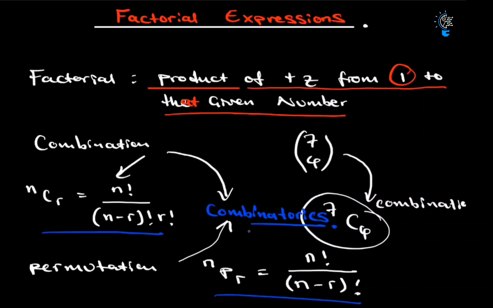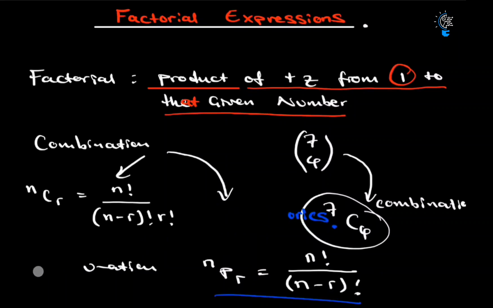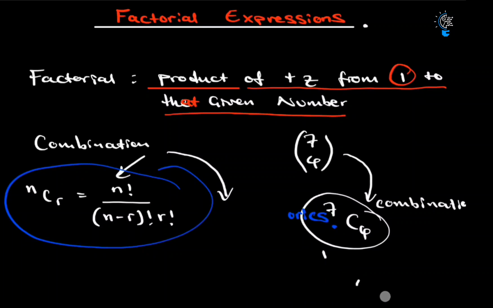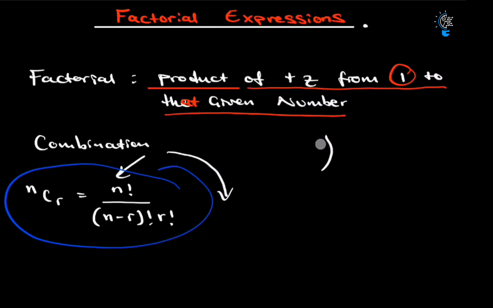So now to evaluate this one, let's clear everything and we are going to use this formula. Let's create some space. So we have 7 combined 4.